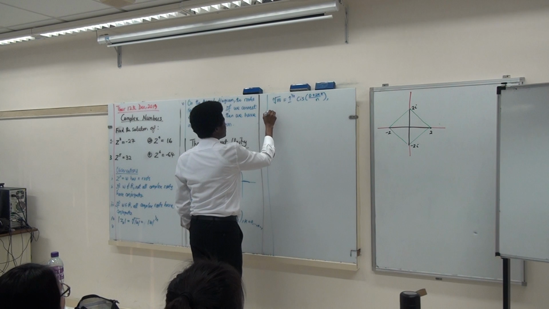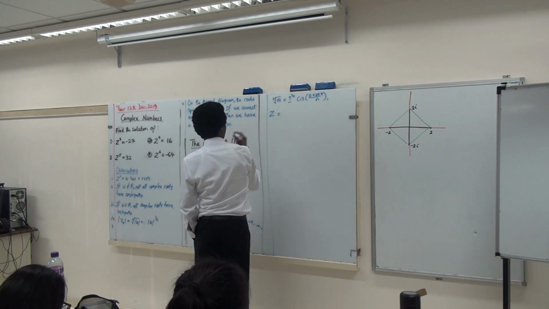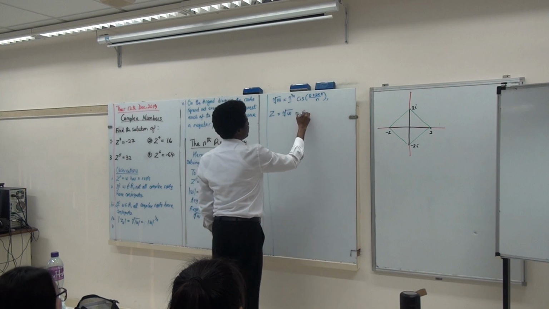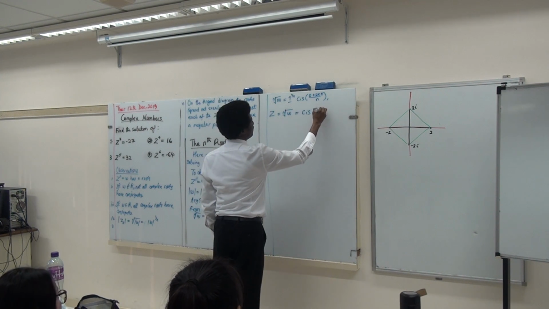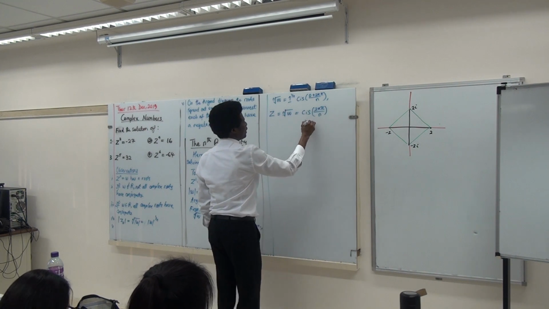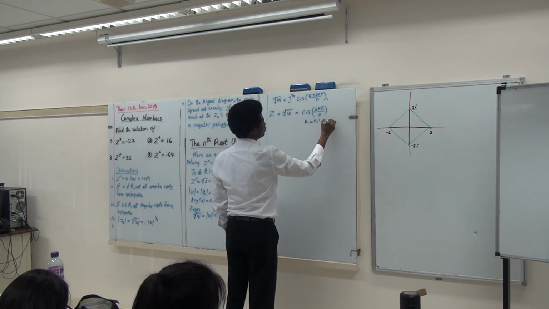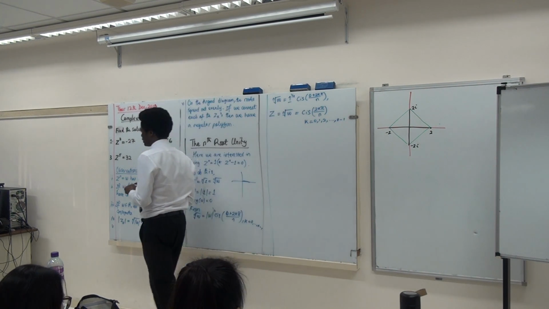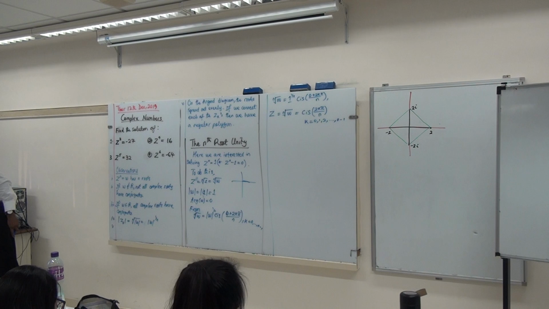So our z, which is the solution of this problem, will just be CIS 2k pi divided by n, where your k is from 0, 1, 2, up to n minus 1. So this is the reduced format if we're talking about the nth root of unity.